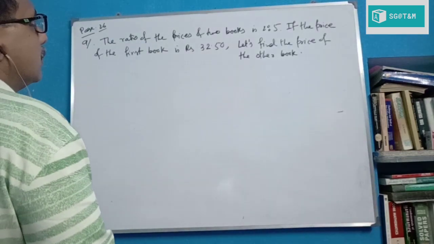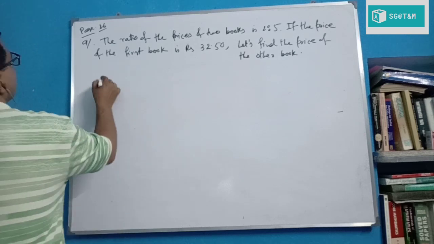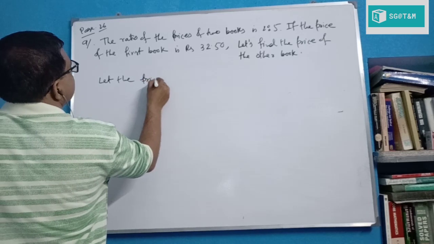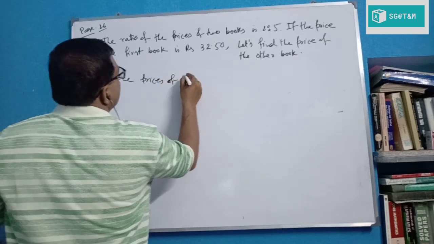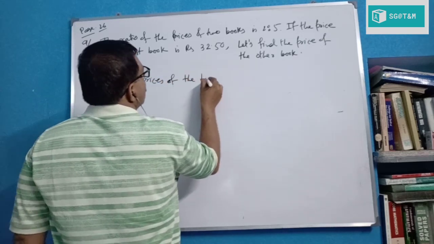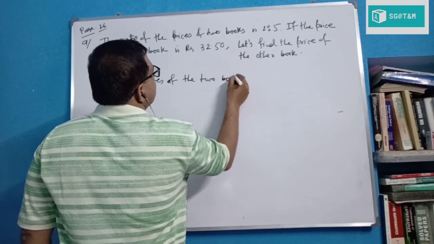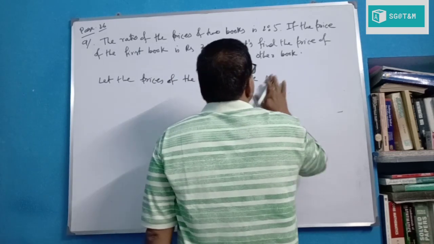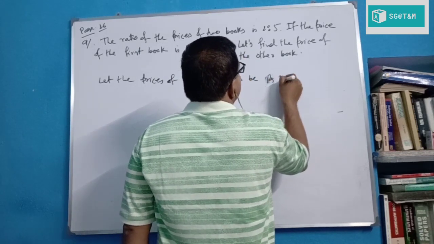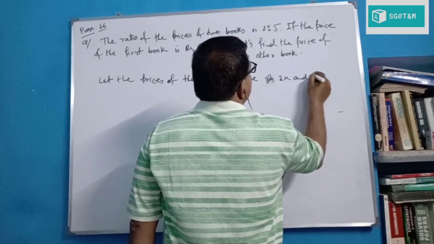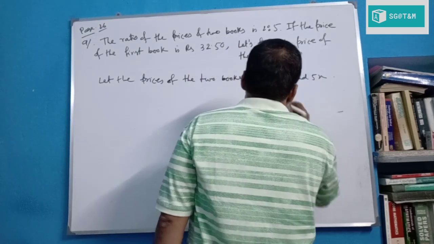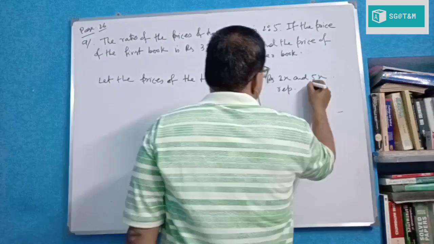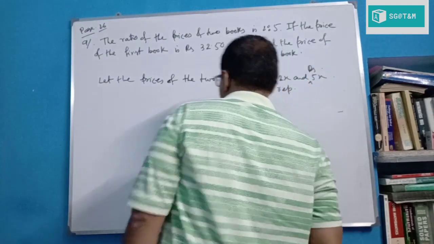If the ratio is given, let the prices of the two books be rupees 2x and 5x respectively. Rupees 2x and rupees 5x respectively.